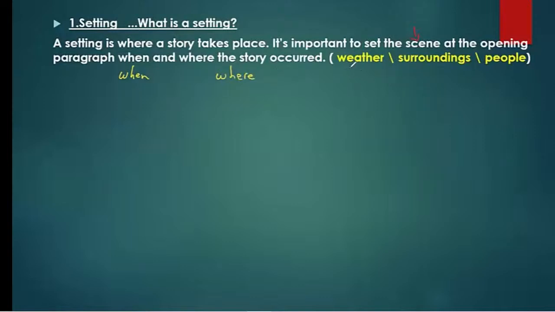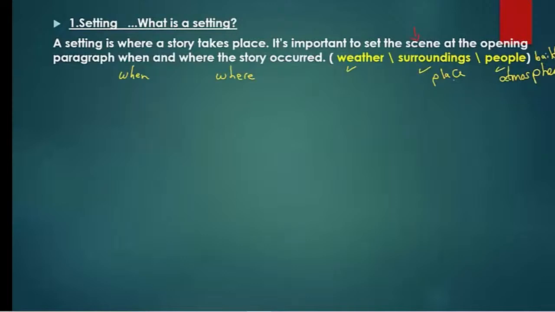In the setting, you can describe the weather because it's something environmental around the characters: the weather, the surroundings, what is around the character, and the people. You can describe as well the buildings around you, any facilities, all that is related to the place, or let's say the atmosphere.